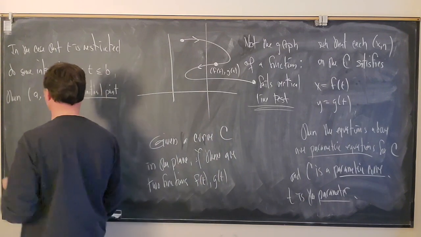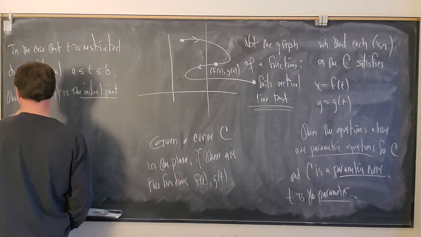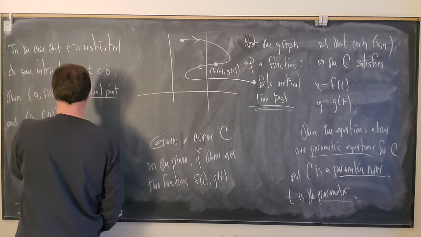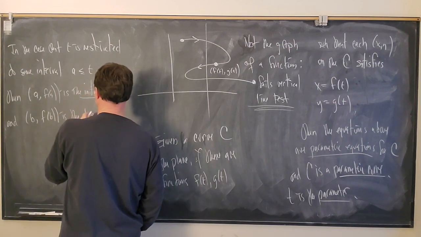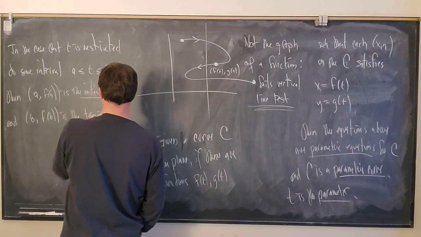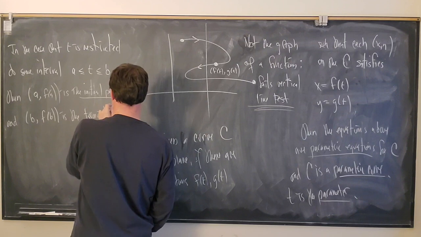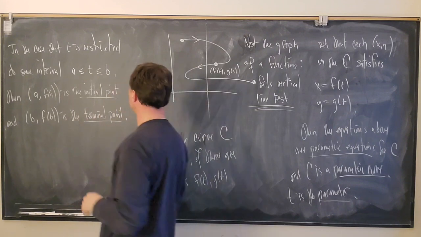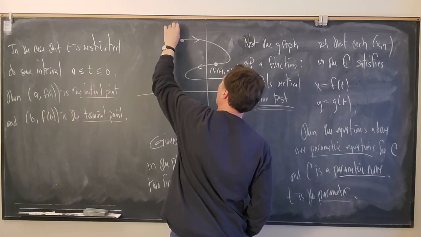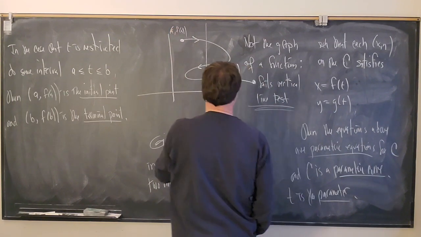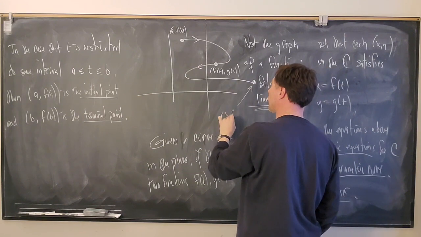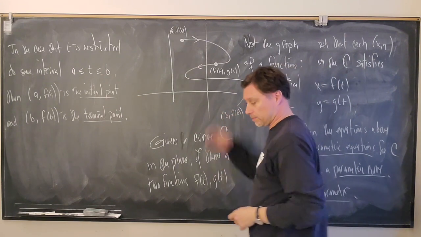And the final point, b comma f of b, is the terminal point. So in our picture, this would be a comma f of a, and that point right there would be b comma f of b.